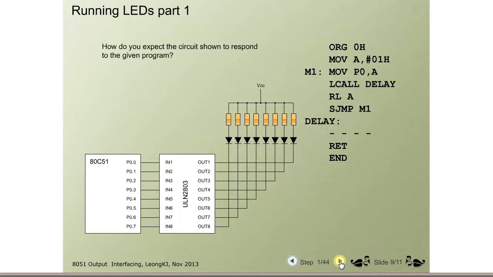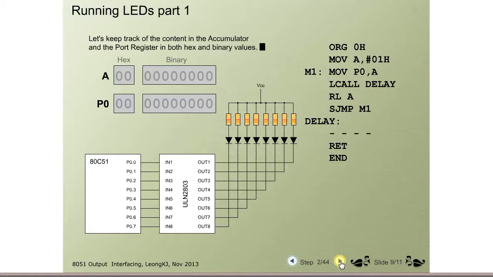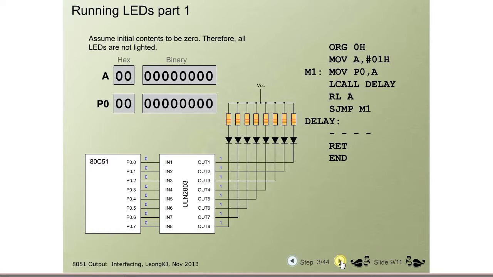How do you expect the circuit shown to respond to the given program? Let's keep track of the contents in the accumulator and the port register in both hex and binary. Assume that the initial contents are 0, therefore all LEDs are not lighted.